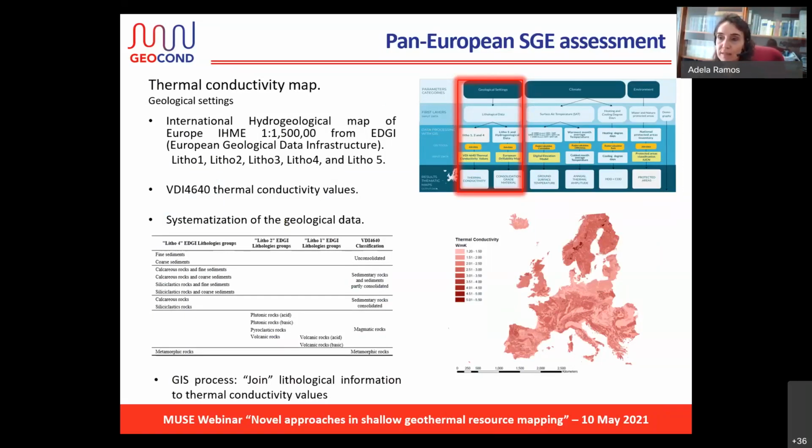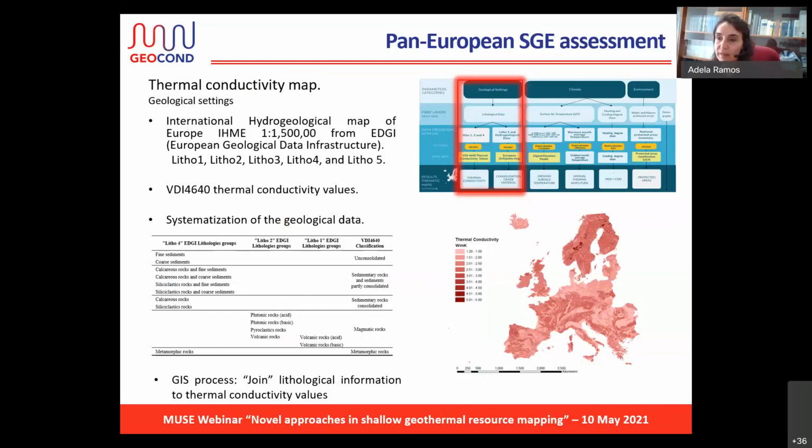This map provides geological information at 5 different aggregation levels, from Litho 1 to Litho 5. Litho 1 provides the most detailed information, while Litho 5 gives the most basic group information. The thermal conductivity values used were extracted from the German standard VDI 4640.